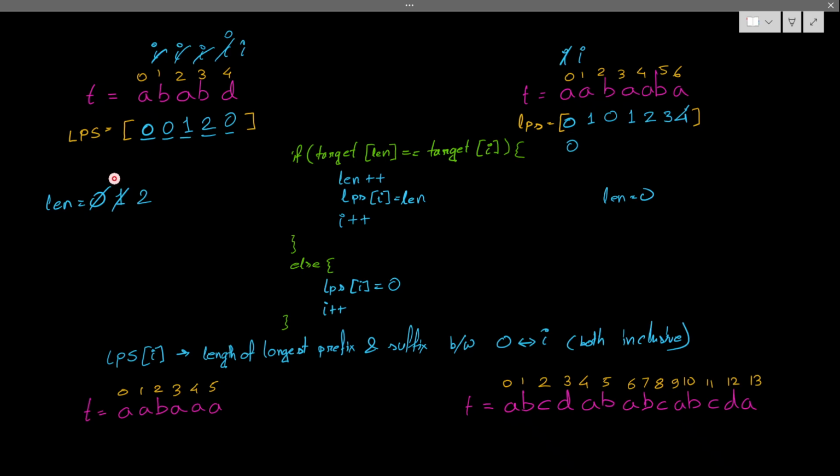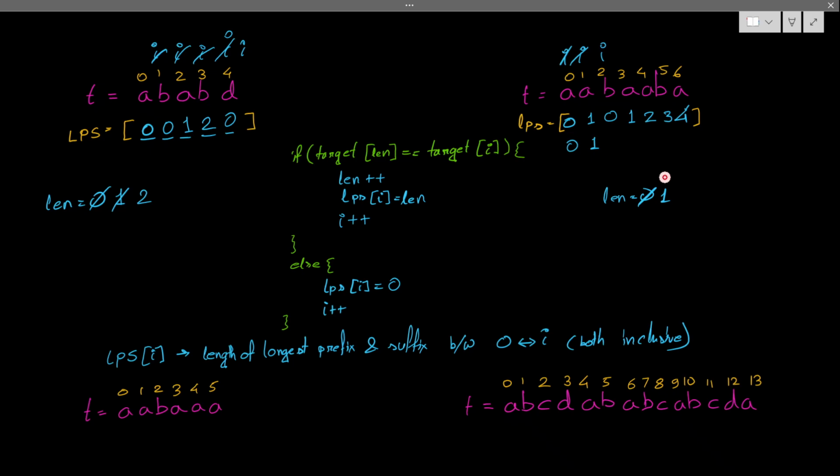You can use indexing as well, it's your choice. So for now my length is 1, and it is matching with the 0th index, which is fine. So length becomes 1, and LPS of 1 becomes 1. Fine, then I plus plus.